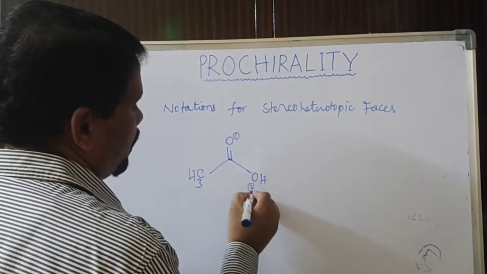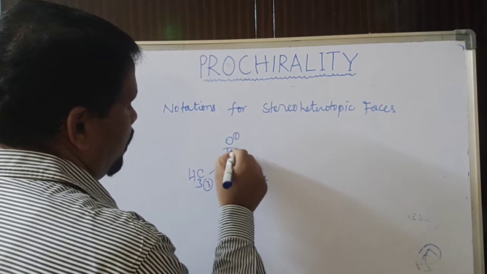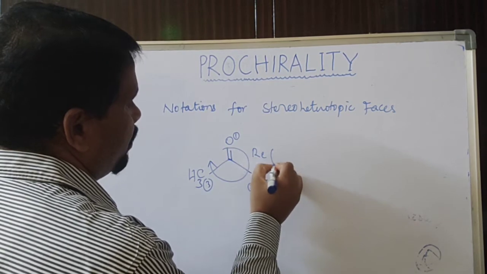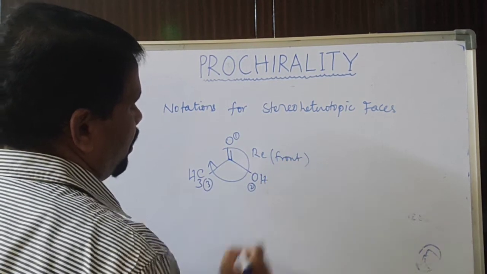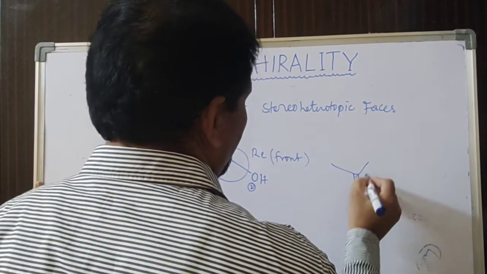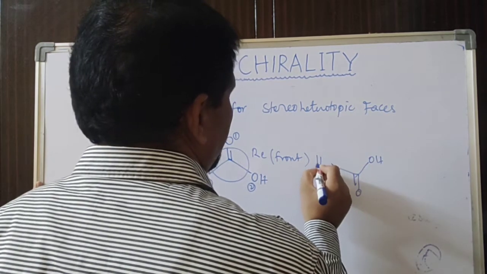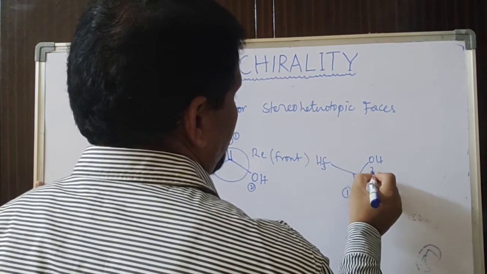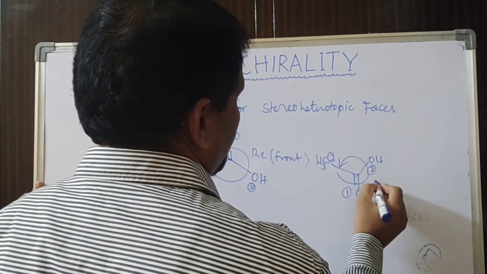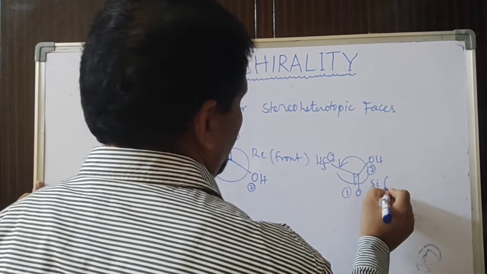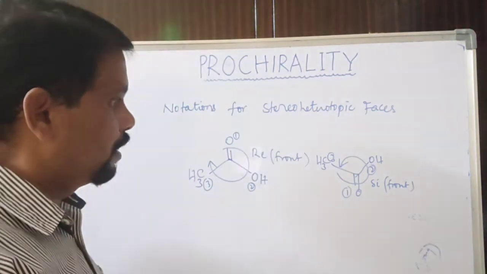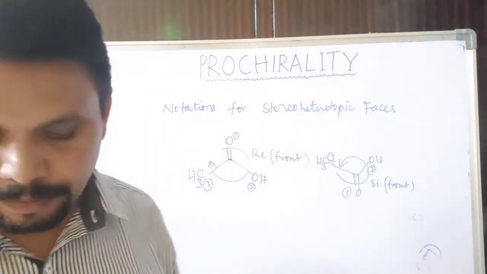Oxygen, this hydroxyl group, and this 3. So this is the clockwise rotation. Re is front. If you reverse that one, CH3, 1, 2, 3, anti-clockwise rotation. This is Si phase, Si front. So back is Re. Like this you need to give notations.